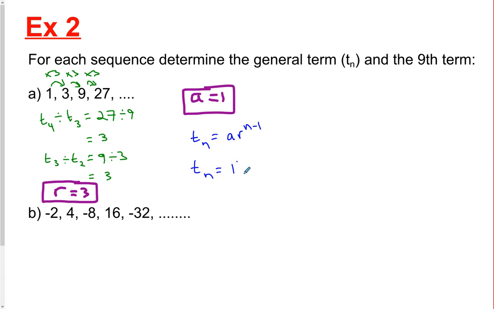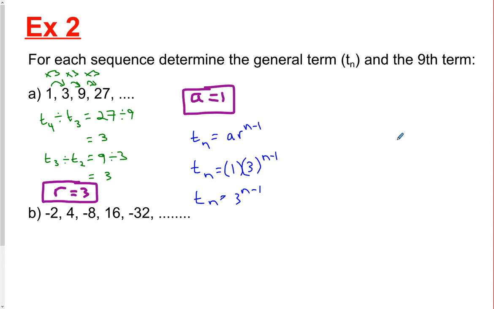Well, my a value is 1. My r value is 3. So this is going to end up looking pretty similar to our doubling problem. Anything times 1 stays the same, so I can get rid of the 1. And I'm just going to have 3 to the n minus 1.